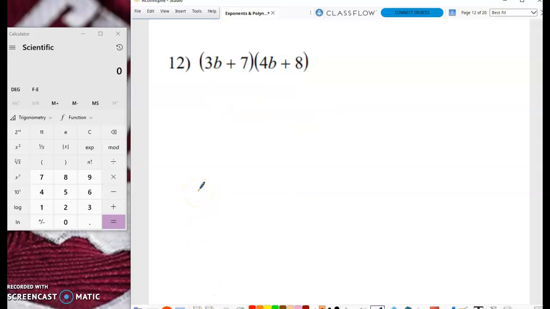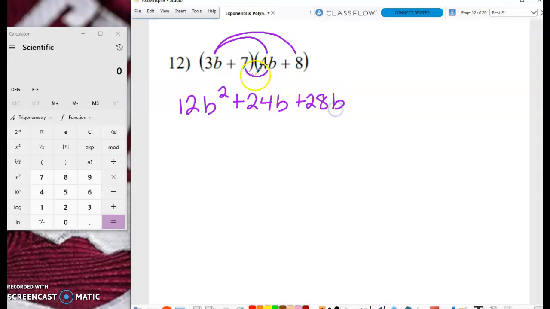Moving on to 12, this is the same type of problem, so we're going to take 3b, multiply it by 4b, and we're going to get 12b squared. I'm going to take 3b and multiply it by 8, and so I'm going to get plus 24b. I'm going to do 7 times 4b, and I'm going to get plus 28b, and then 7 times 8 is 56.